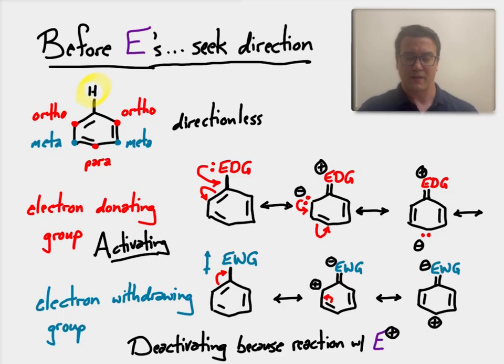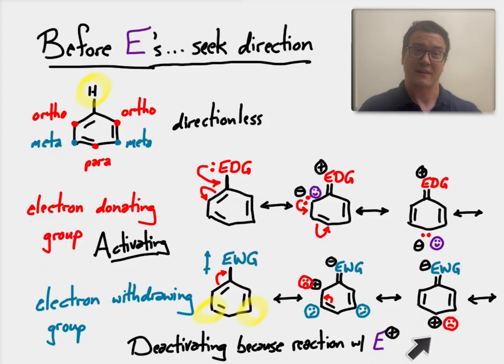And so the way to think about electron withdrawing groups is that ortho and para positions are especially bad in terms of their reactivity. For the meta positions, you notice that there are no positive charges, so they're just kind of meh. Again, it's an electron withdrawing group, so it's not an easy reaction, but that is where the electron withdrawing groups will typically direct an electrophile on an aromatic ring.